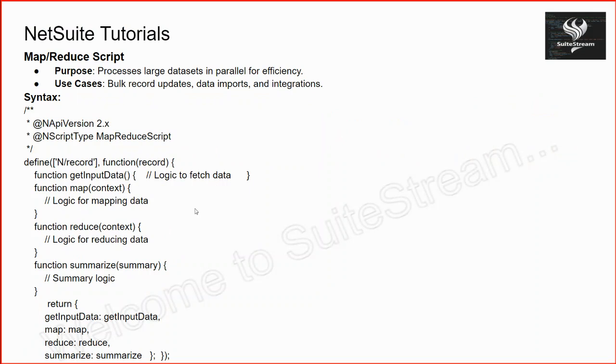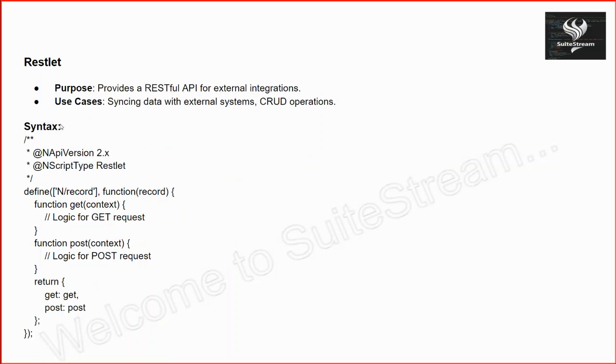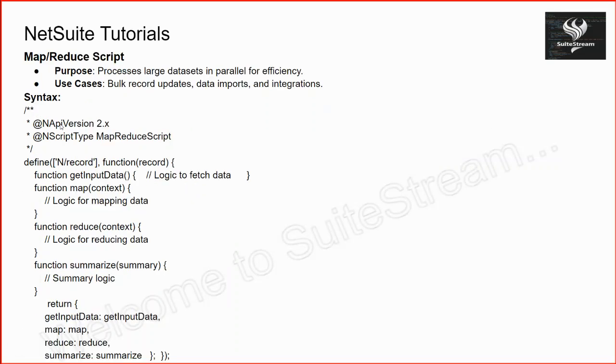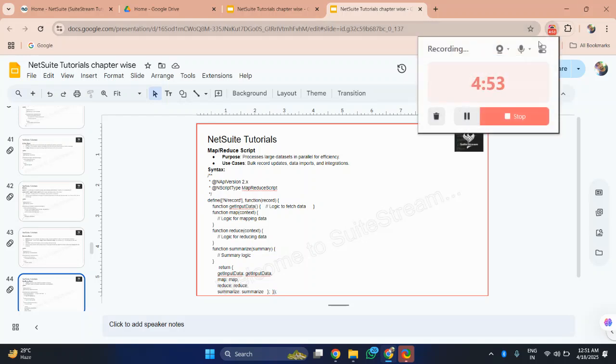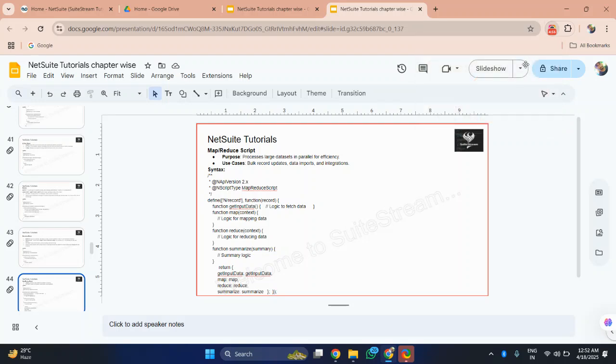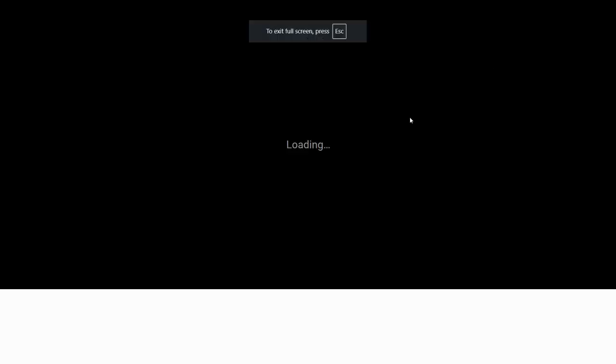So we can use this script for batch jobs and integration purposes. If we look into the syntax, this is the API version, and this is the SuiteScript type.